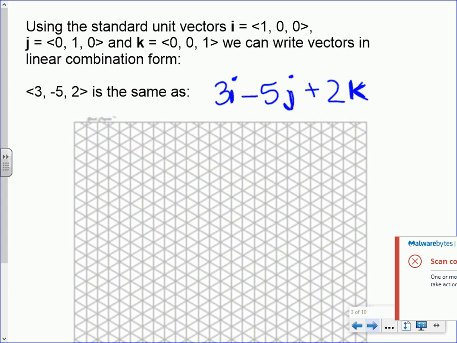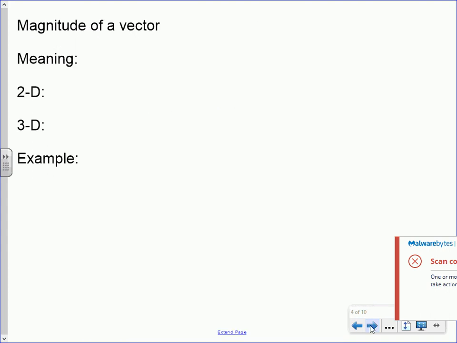Let's first talk about magnitude. Okay, the magnitude of a vector. We talked about this a few months ago. Magnitude is essentially describing what of the vector? Size and what matter? The length. Okay.